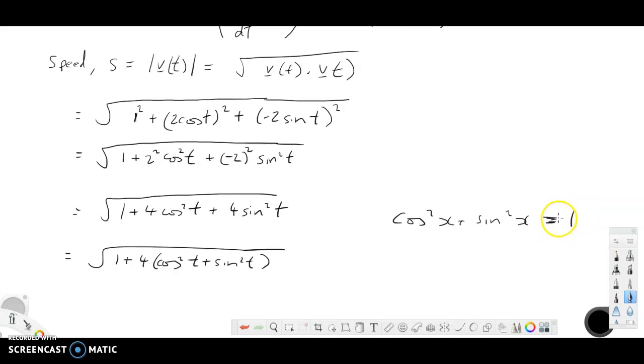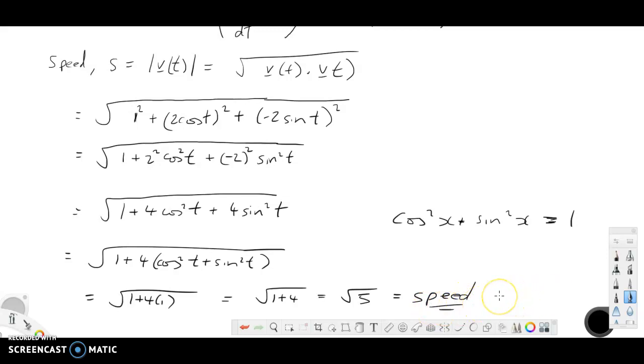That's a trigonometric identity, and that's on page 13 of the tables, or it'll be in the back of your exam paper as well, perhaps. So we can call that 1 plus 4 times 1, which is equal to root 1 plus 4, which is root 5. So root 5 is the speed, or the magnitude of the velocity.